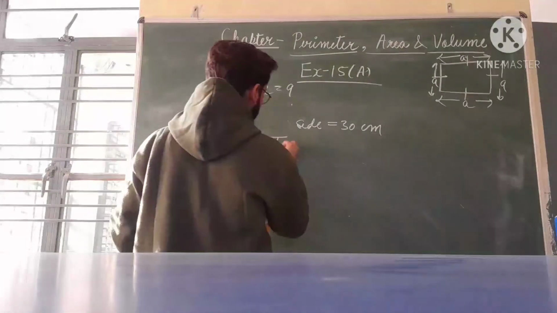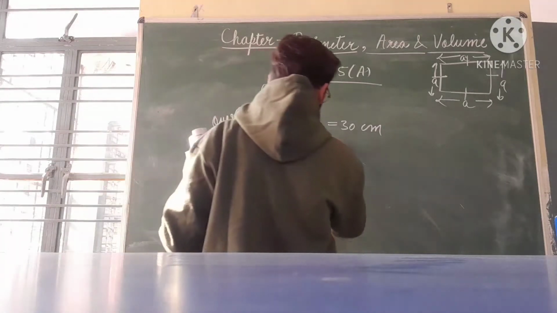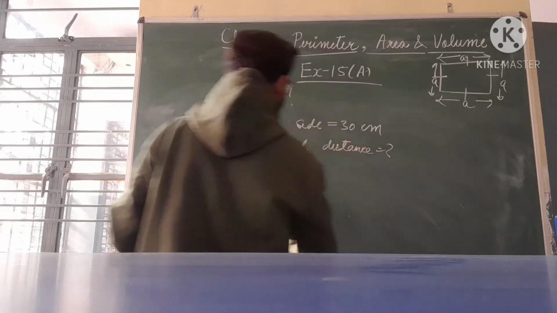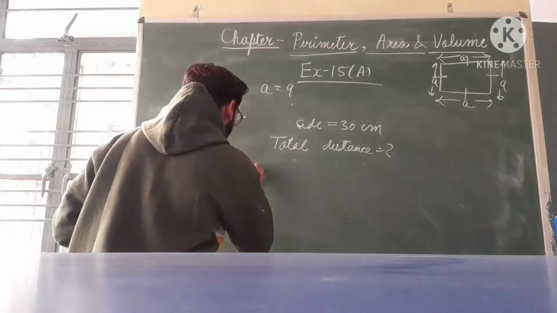So the question is asking how much she walks every morning; we have to find the total distance. We are given the side and the shape is a square, so we just find the perimeter.